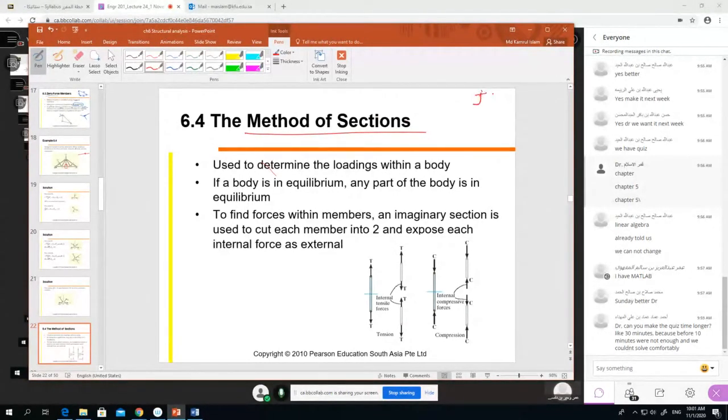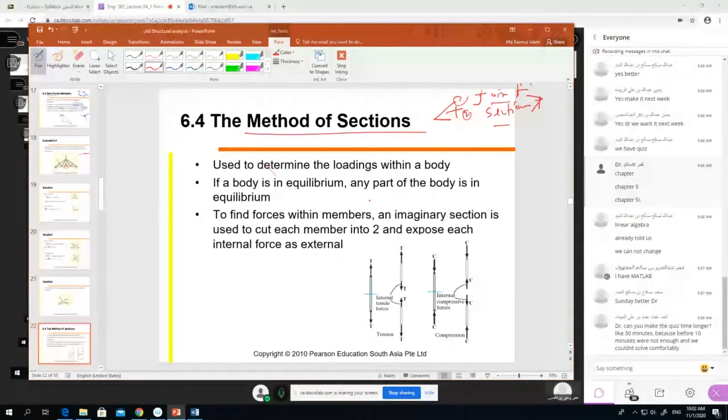As I told you, there are two methods: one is method of joints, another is method of sections. Sometimes we use a combination of both for solving the problem.